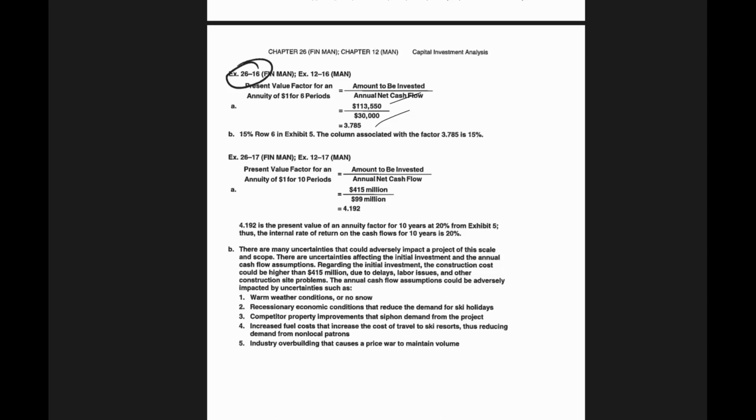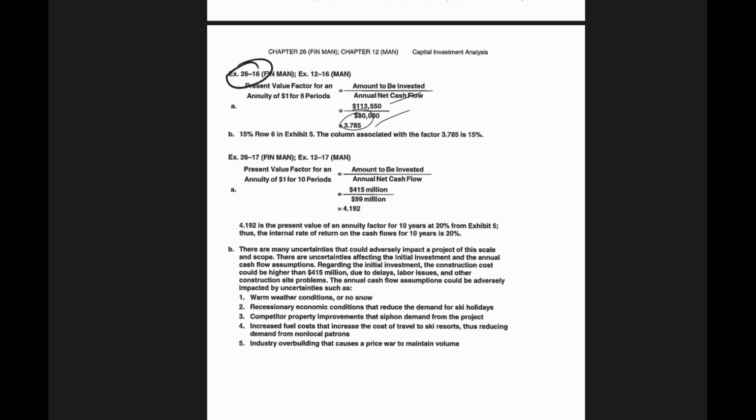If you remember, that would also be what we would call the cash payback. So if you calculate the cash payback and figure out how many years it is, in this case we could say it's 3.785 years, but we're also calculating the present value factor.